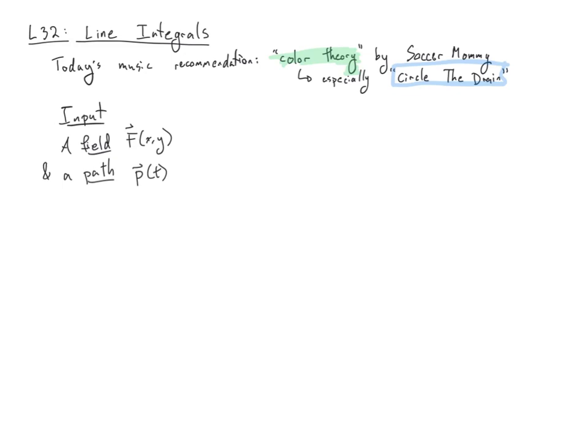So, today we talk about line integrals. The input to everything we do today is a field, by which I mean a vector field, f, and a path, which is going to be a vector valued function, and the output is a number, which is going to be the integral over the path c, where p is parametrizing c, and the integral over c of f dot dp.